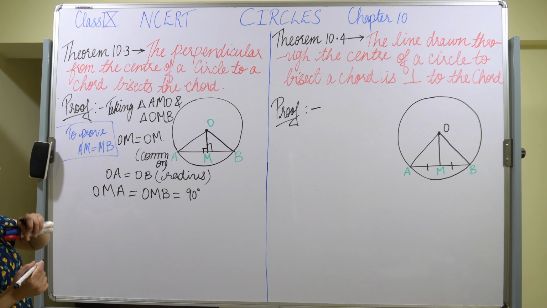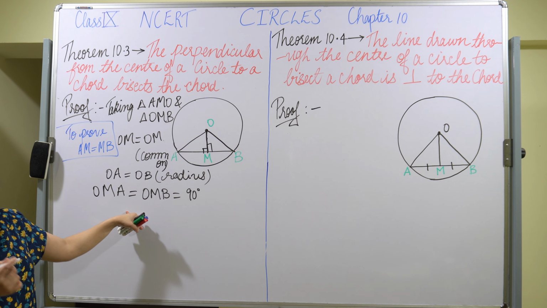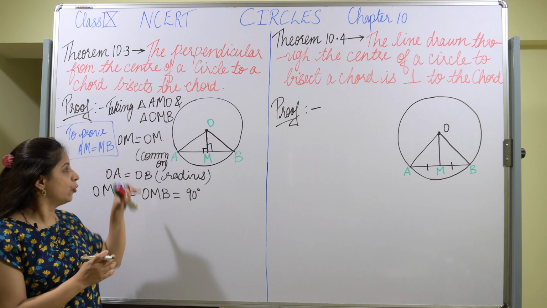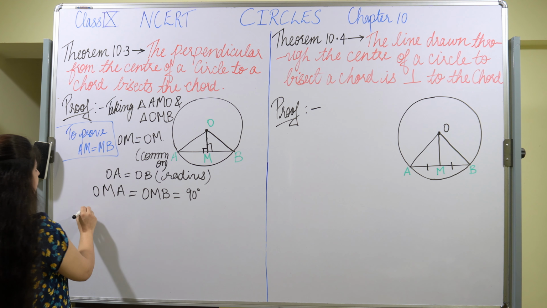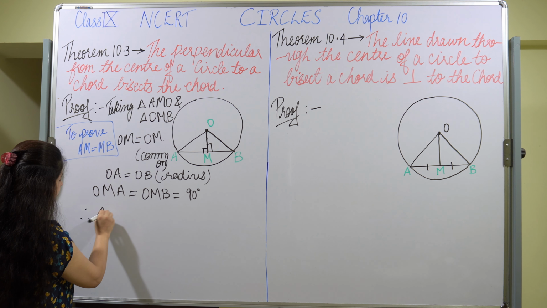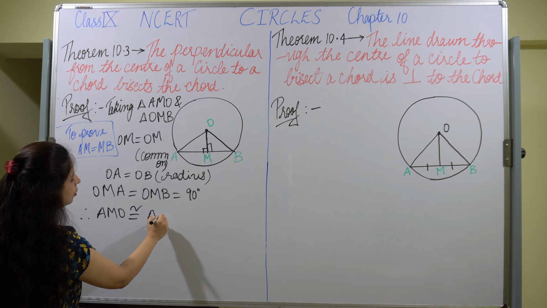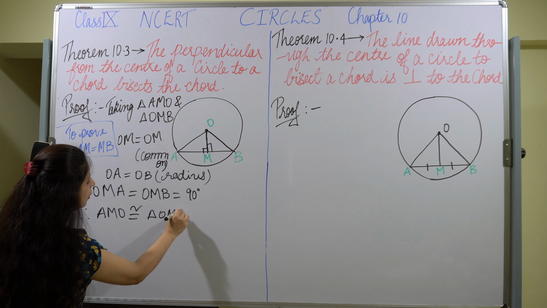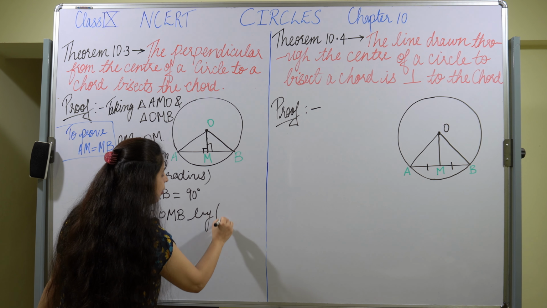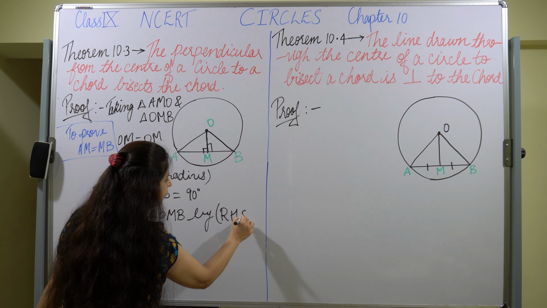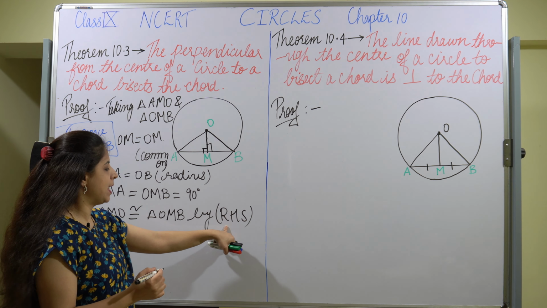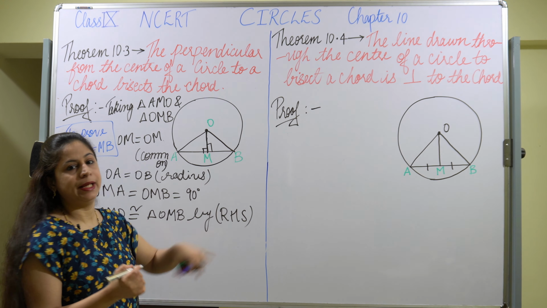So we have got three criteria to be fulfilled for congruency and they are fulfilled over here. So triangle AMO is congruent to triangle OMB by RHS: right angle, hypotenuse, and side.